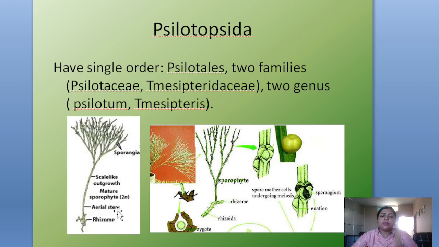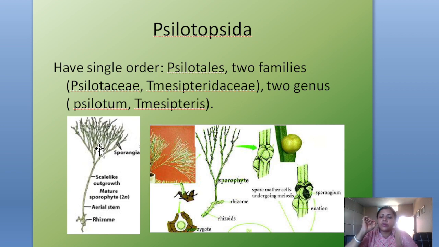In this fern, the plant body contains a rhizome and an aerial stem. It is a mature sporophytic plant. Some scale-like outgrowths can be seen, and on the main stem there are nodes and internodal regions.